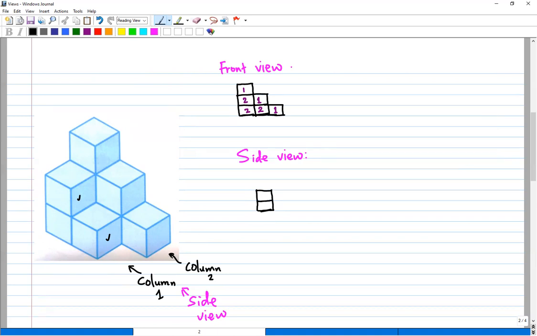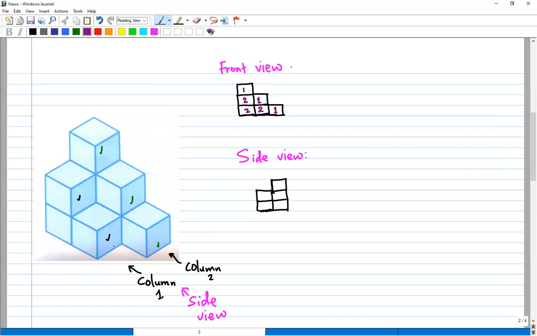Okay, then column 2 has got 3 levels. You can see 1, 2, and 3. So let's have 3 levels. Okay, now let's try to number the cubes that we have got.